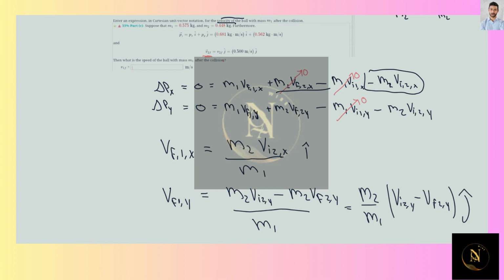Now, for the last part, we're going to be provided with the momentum values and the masses m1 and m2, respectively.